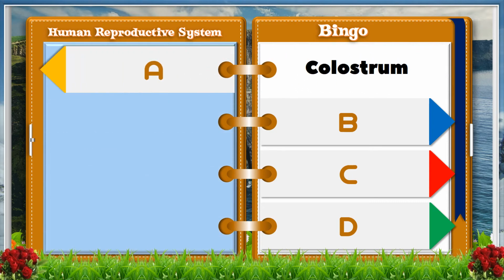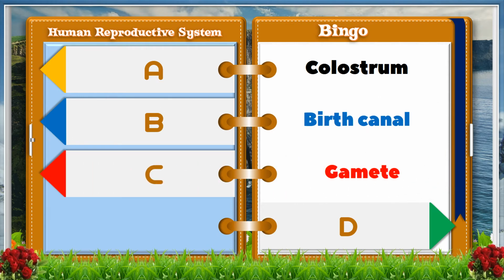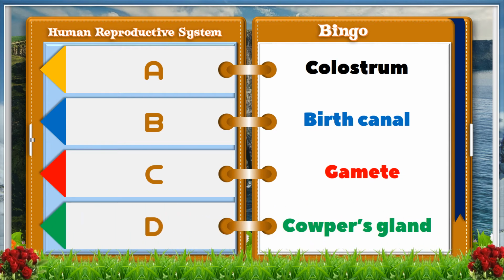A. Colostrum. B. Birth canal. C. Gamete. D. Corpus gland. And the answer is A. Colostrum.